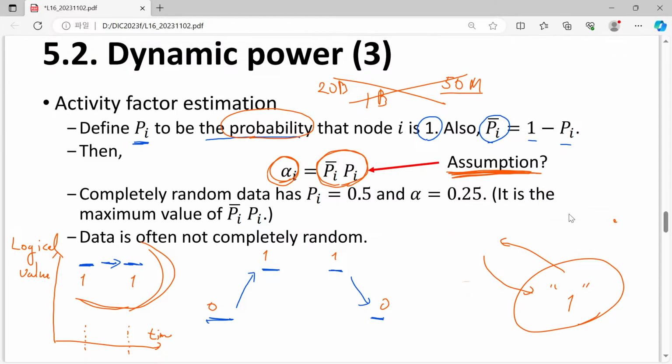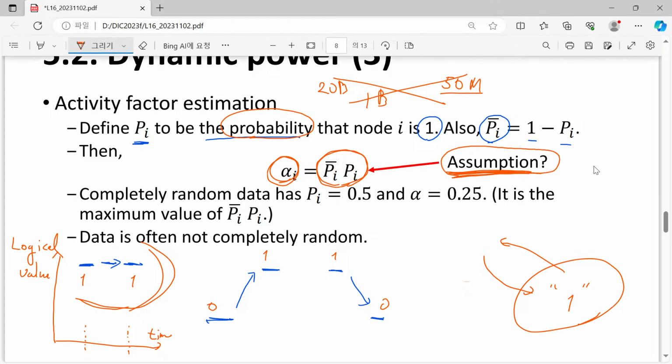So I wanted to emphasize once again, this is obtained from an assumption. The previous time instances and present time instances are not correlated at all. So whether it was 0 or whether it was 1 does not make any impact on the present value of our output node.